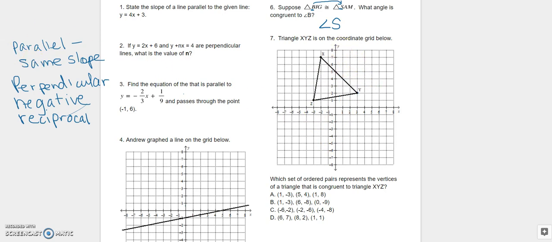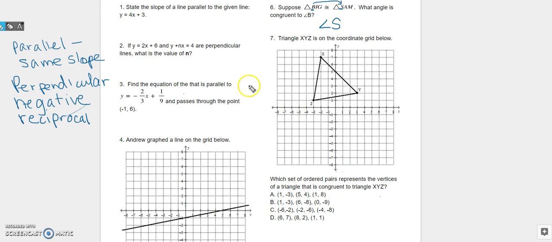and try the second one. And I have 1, -3, 6, -8, and 0, -9, which is off my page. And that kind of looks congruent.